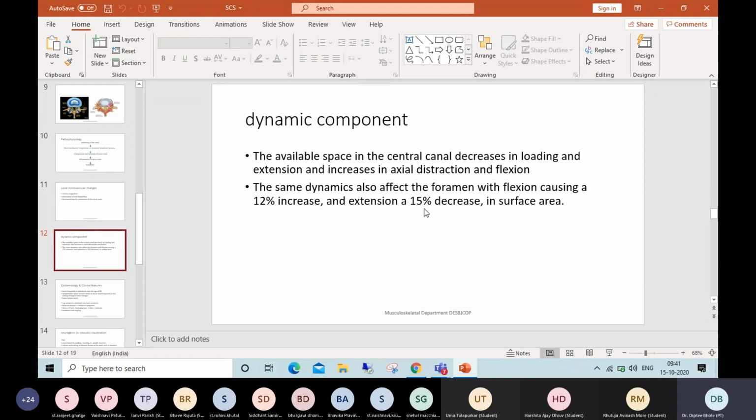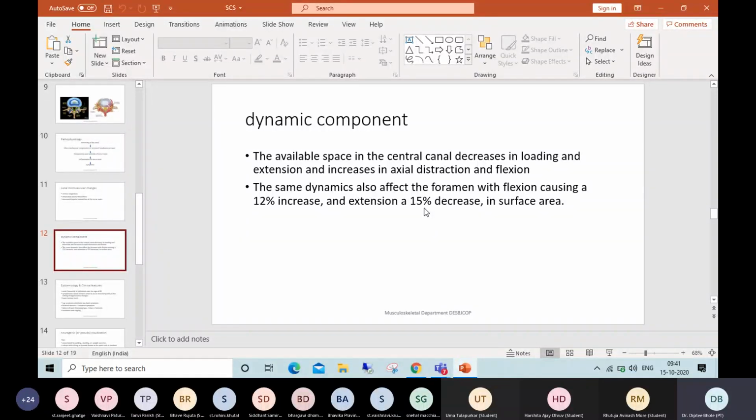So you can imagine if the person has some compromise in the neutral position of the spine, that is of lordosis itself, further extension is only going to aggravate it. That is why most of these individuals tend to remain in a little bit of flexion, because that is a position they have found to be of lesser symptoms.